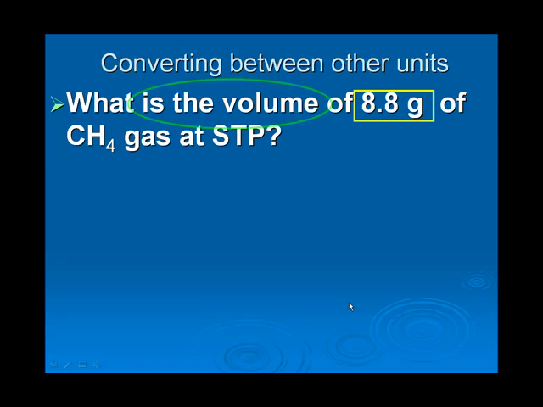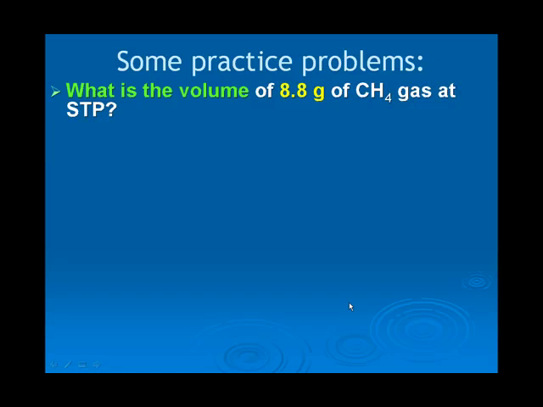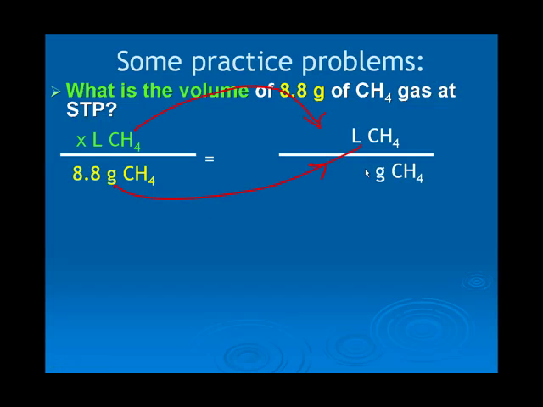We're at STP, so that's going to help us out. So since we're looking for liters, X liters divided by 8.8 grams. Same units on the other side. Bring those units over here.